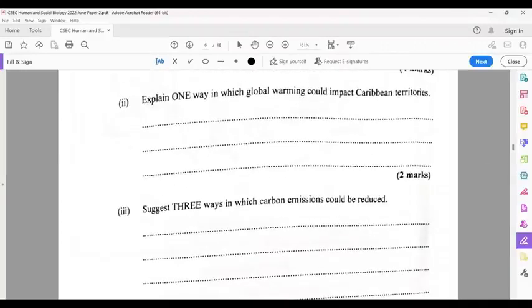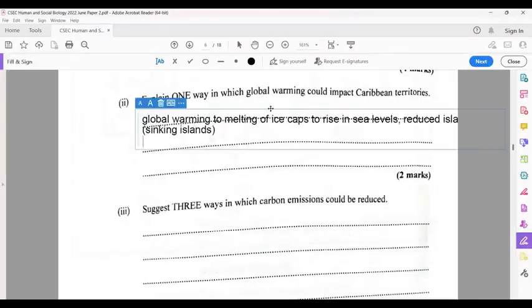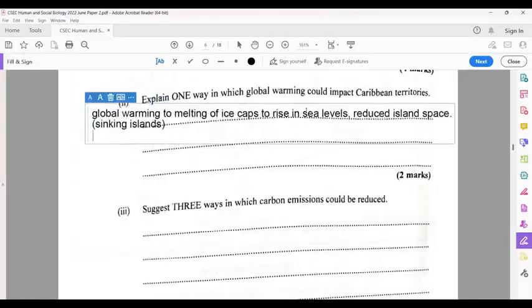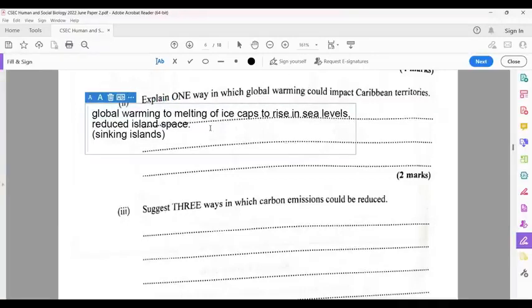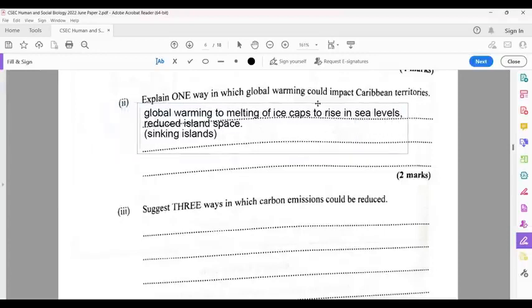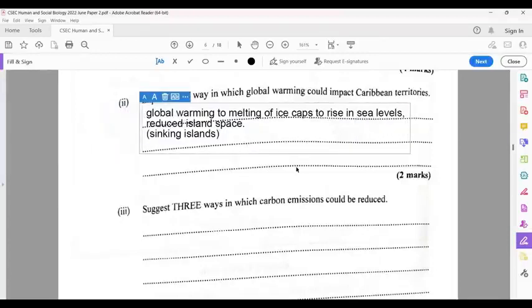Explain one way in which global warming could impact Caribbean territories. Living in the Caribbean, which CXC exam is for, meaning for CXC candidates, you are well aware that many of our territories are islands.